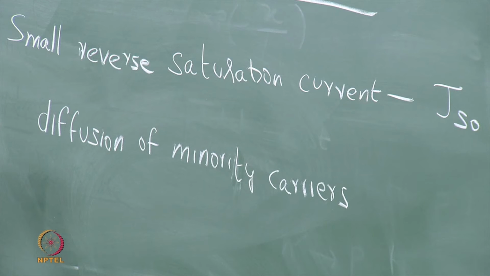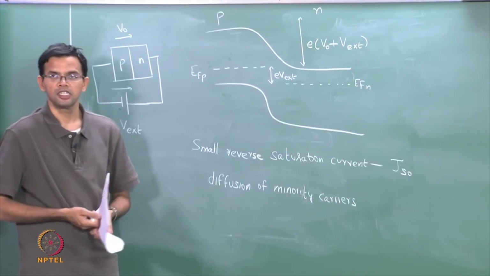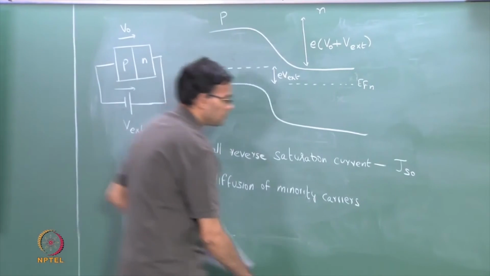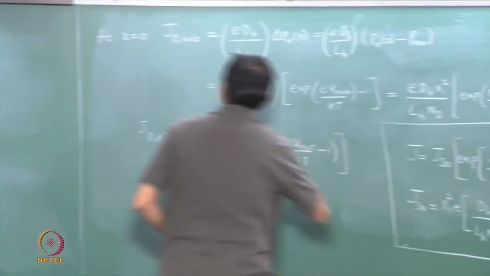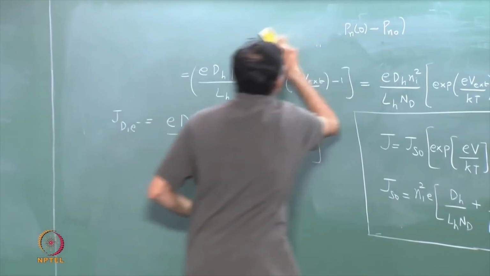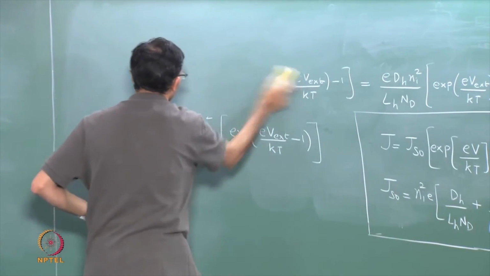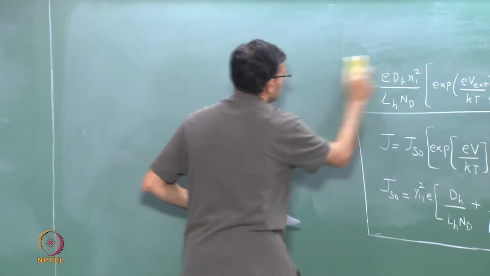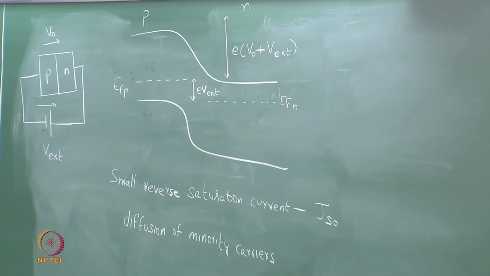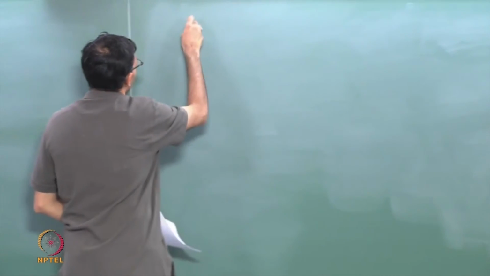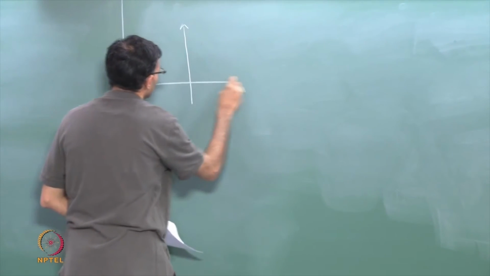So let me put these two together to draw the IV characteristics for a p-n junction. So let me draw the IV characteristics.